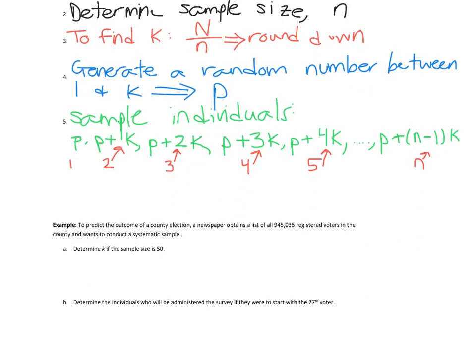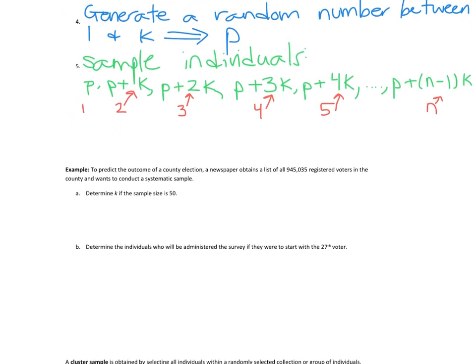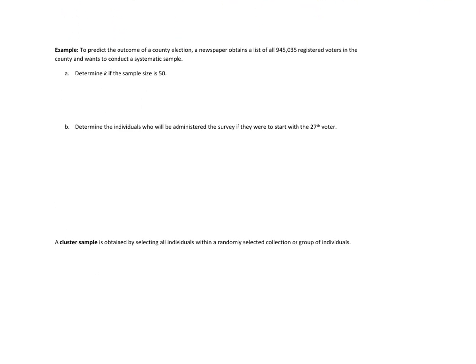All right, let's look at an example. We want to predict the outcome of a county election, oh, excuse me, someone does, and the newspaper obtains a list of all of the registered voters in the county, and they want to do a systematic sample. They want to use a sample size of 50. So first we have to determine the K. Remember we have to look at population size over sample size.